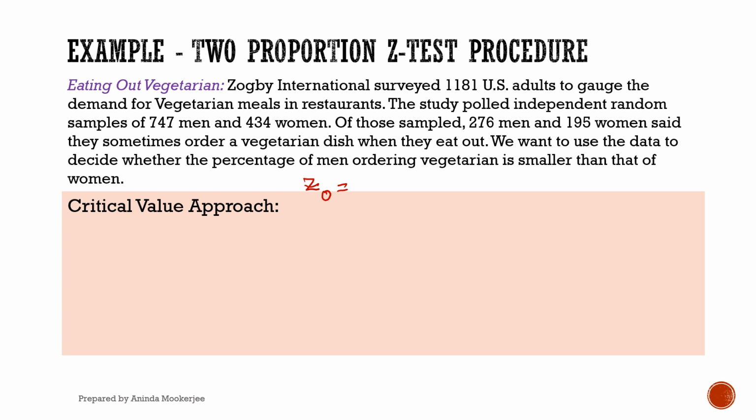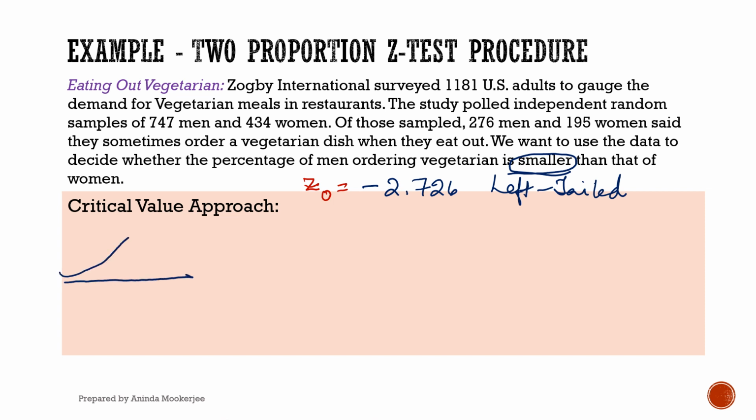Z sub 0 that we found was negative 2.726, and this was a left tail test because our alternate hypothesis said that p1 is smaller than p sub 2: men order less frequently than women. Being a left tail test, our reject region is going to fall to the left. So let's draw a diagram showing the reject and do not reject regions and find the critical values.